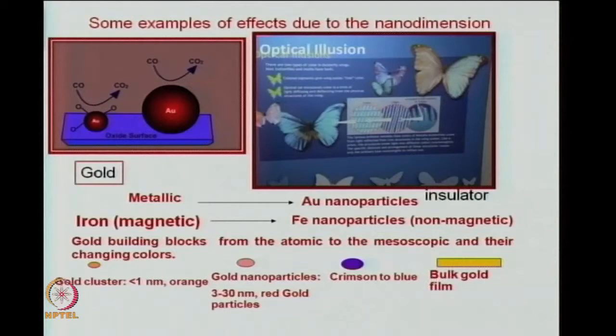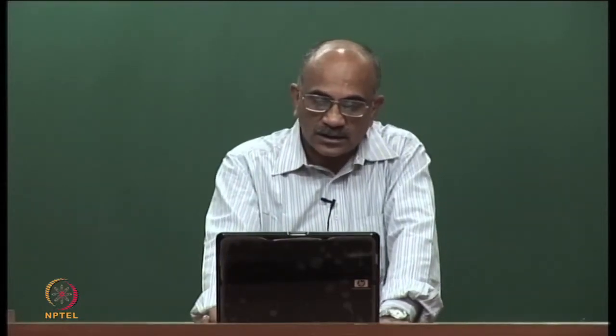So, you can have blue colored gold, orange colored gold depending on the size of the particles, and you can explain why a particular size of gold gives a particular color. This can be very well explained today based on our knowledge of nanoscience and nanotechnology.